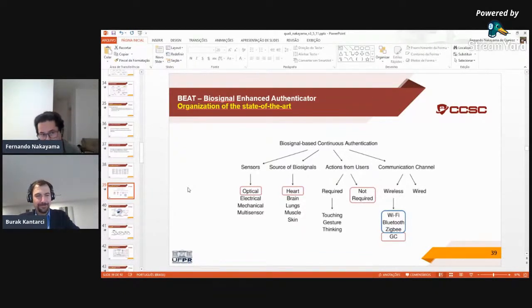But for our case, which was authentication, disregarding the health related conditions, so we didn't want to identify any health problems or anything like that, I guess it was a valid experiment. So that's the main idea.